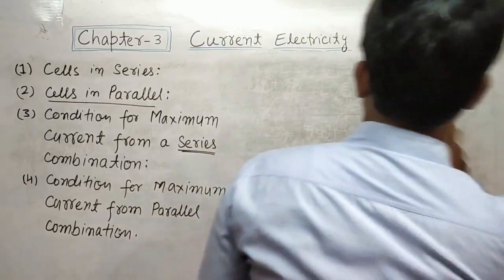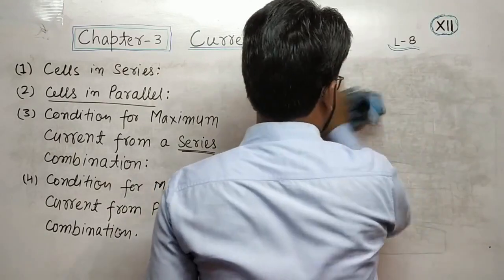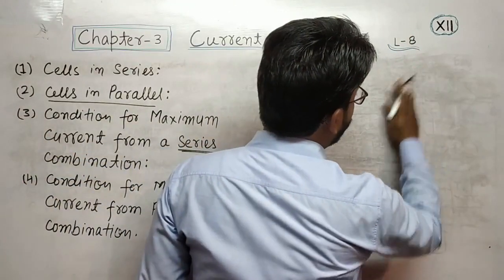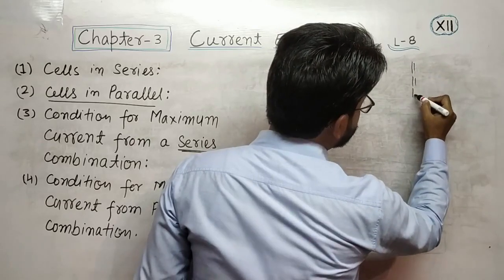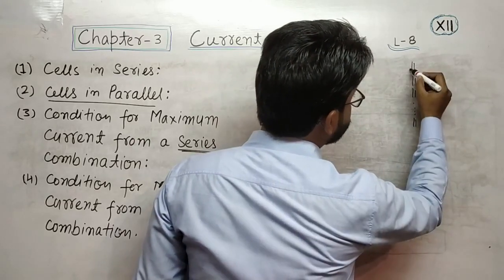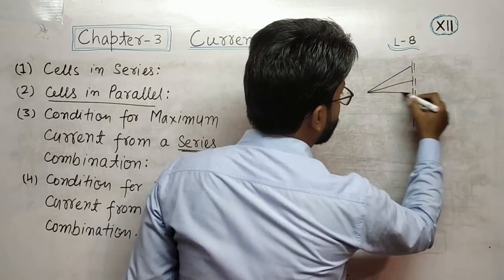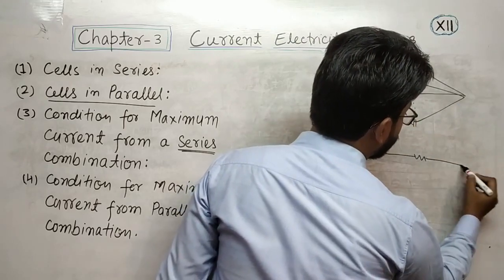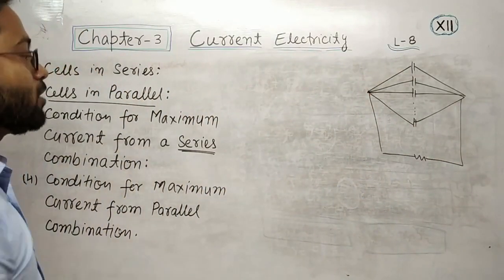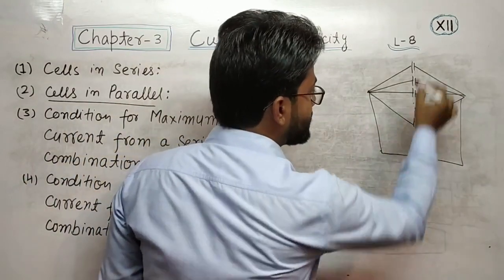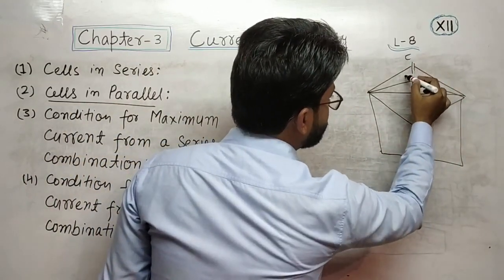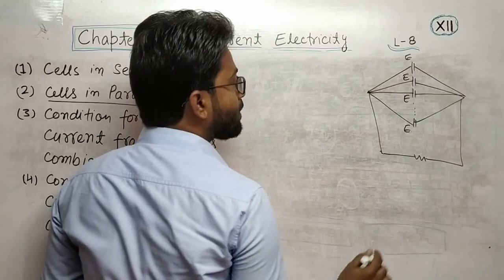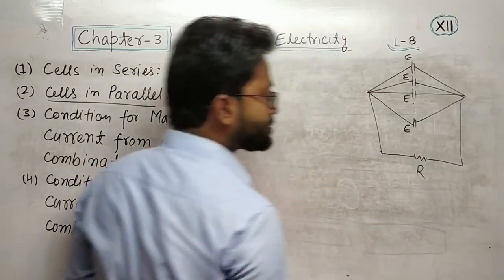Let us take the cells in parallel: one cell, two cell, three cell, up to n cells. All the cells have the same EMF, this is E, this is also E, and the Nth cell also has EMF E, with external resistance capital R.